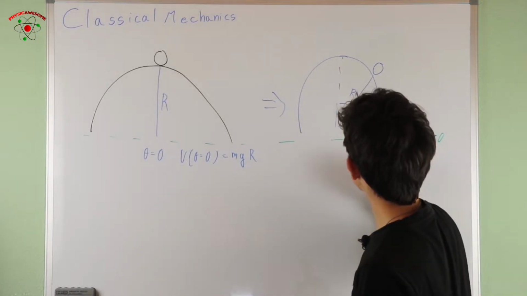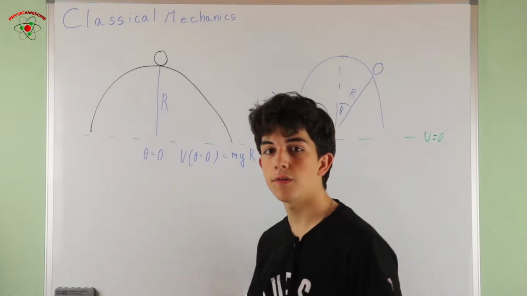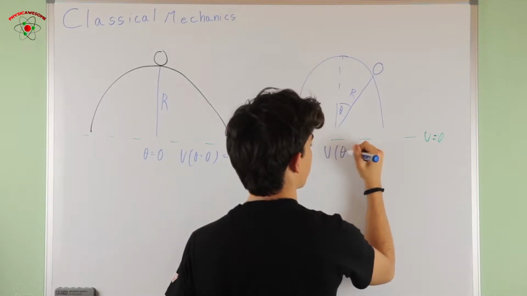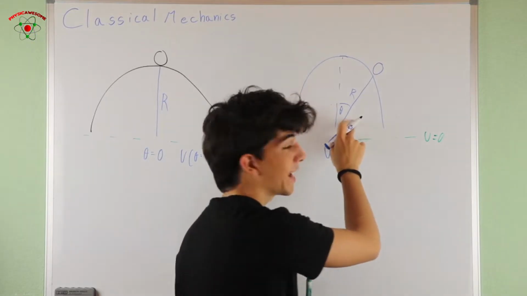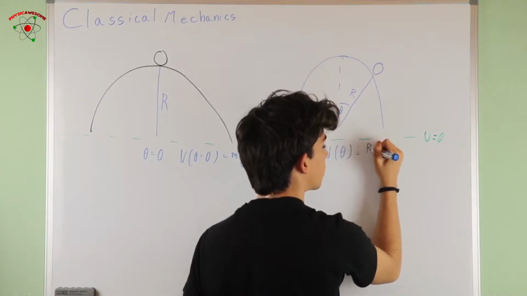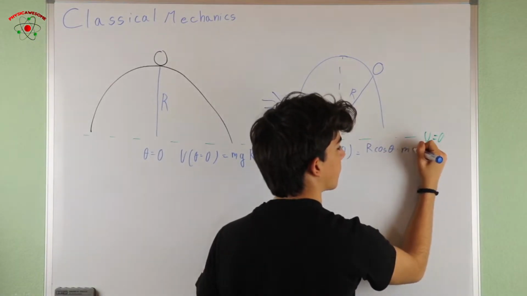For our case with an angle theta, we are going to have that our potential energy, U of theta, is going to be the height of this. And in this case, it's going to be r cosine theta times mg.